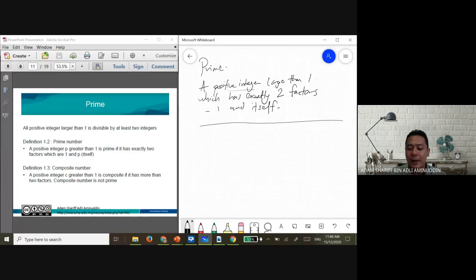The smallest prime number is 2, 3, 5, 7, 11, 13, 17, 19, 23, 29, 31, 37.